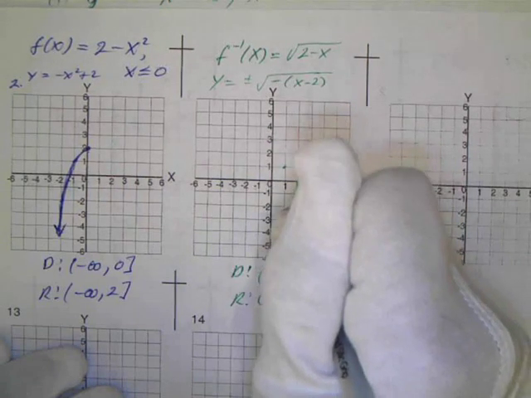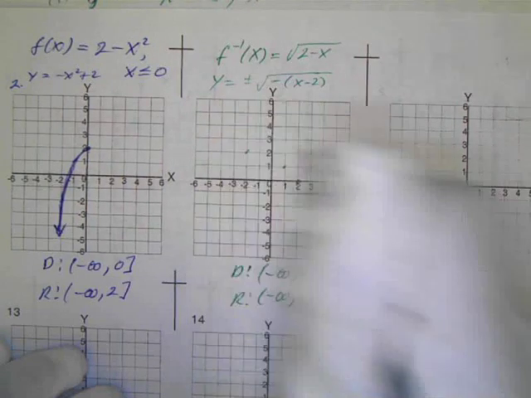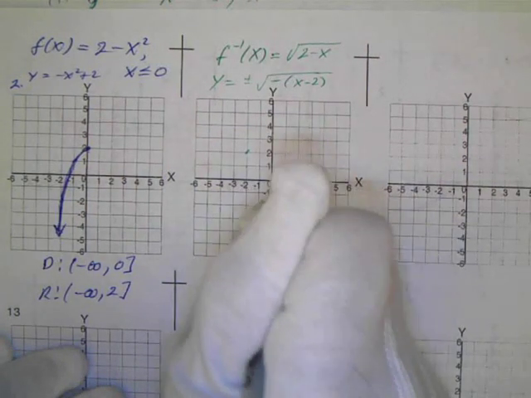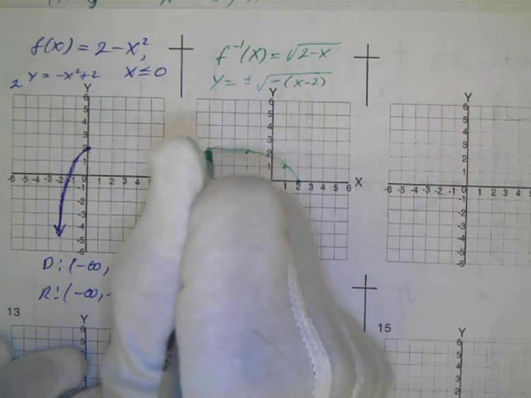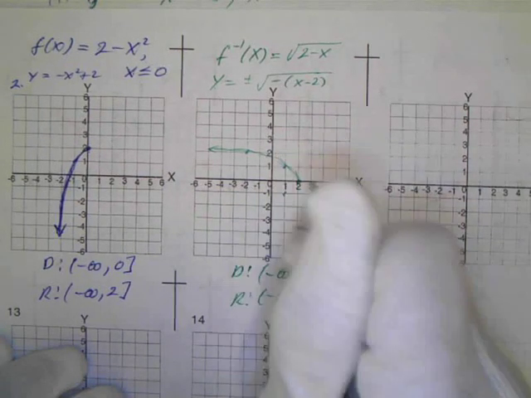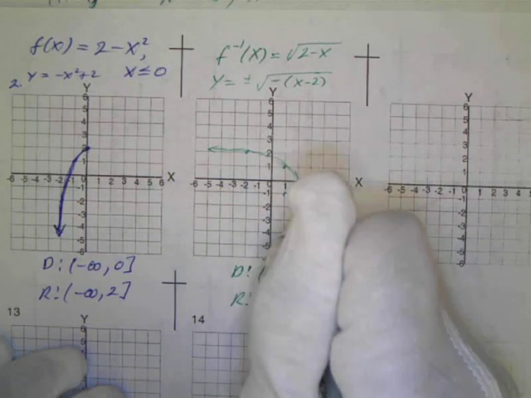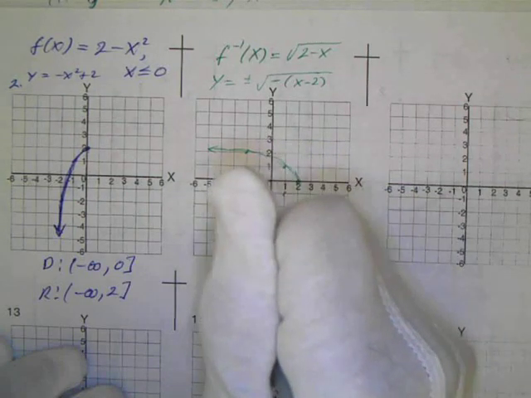Back 1, up 2, and back 1, 2, 3, 4, up 1, 2, like that. Square root of 4 is 2, so it's going to go like this. That's going to be the positive, and the negative would go down like this. On over, down to, let's see, 1, 2, 3, 4, down 2.